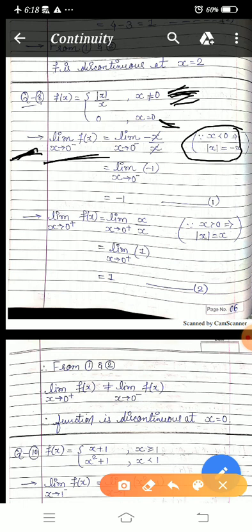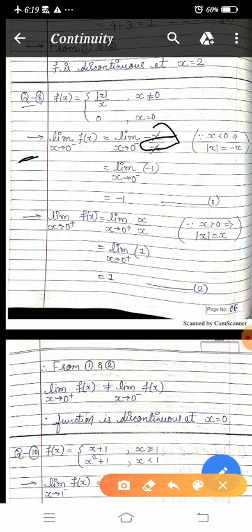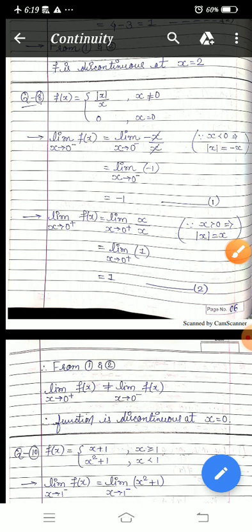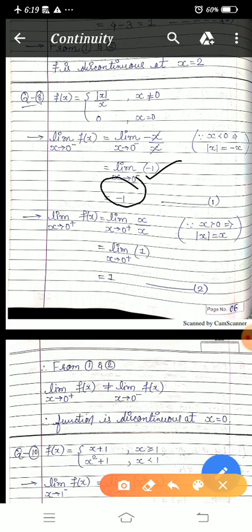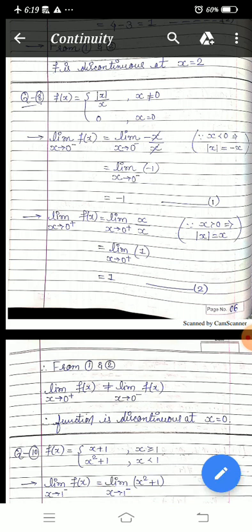So by putting that value in the given limit, it will be limit x tends to 0 minus f of x equals to limit x tends to 0 minus, instead of mod x it will be now minus x upon x, so x will cancel and answer will be minus 1. And we know that limit for a constant term, that is only constant, so limit for minus 1 will be minus 1 as it is, and that becomes our equation number 1.